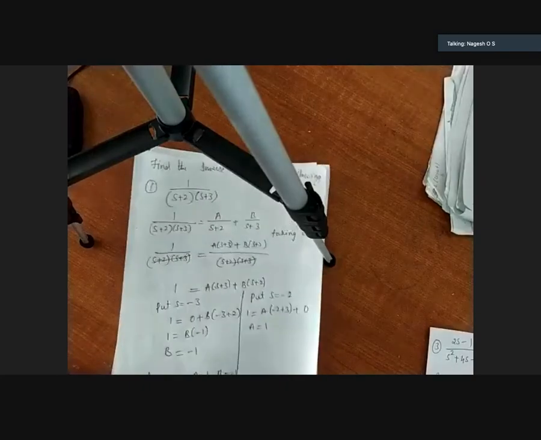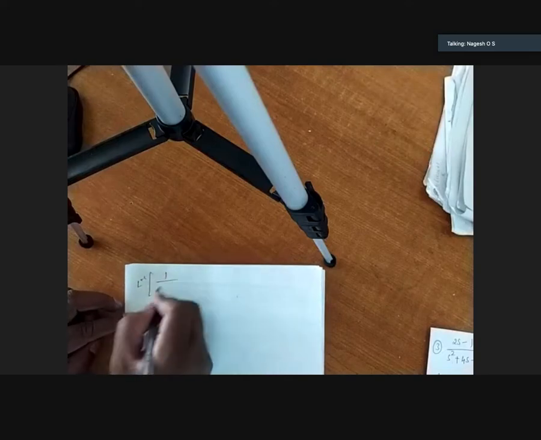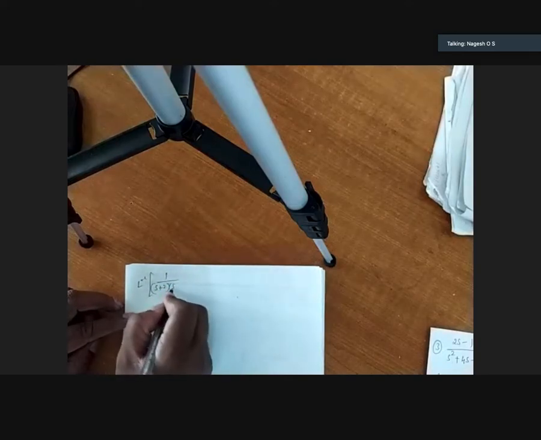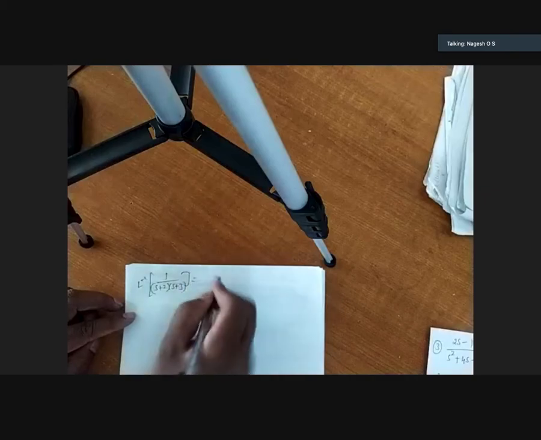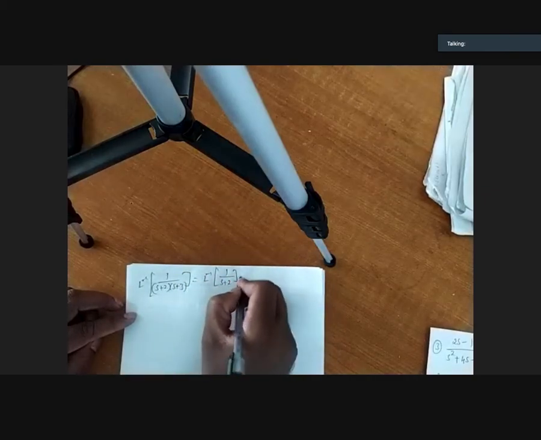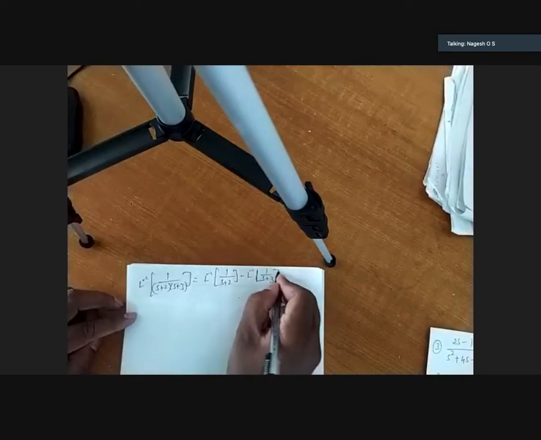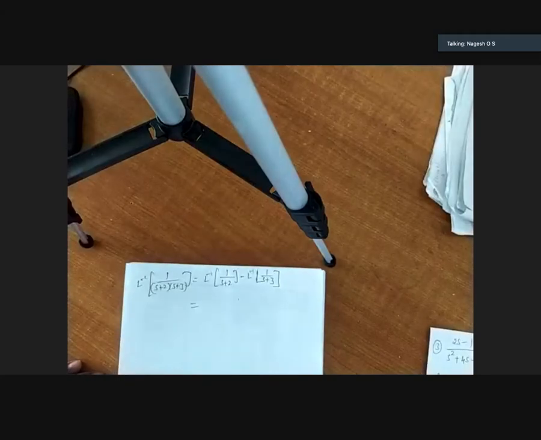Now take Laplace inverse on both sides. Laplace inverse of 1 by (s plus 2)(s plus 3) is equal to Laplace inverse of 1 by (s plus 2) minus Laplace inverse of 1 by (s plus 3). Tell me the answer.